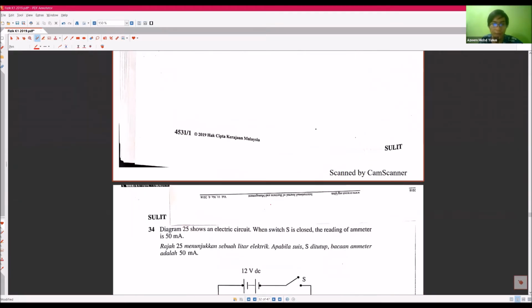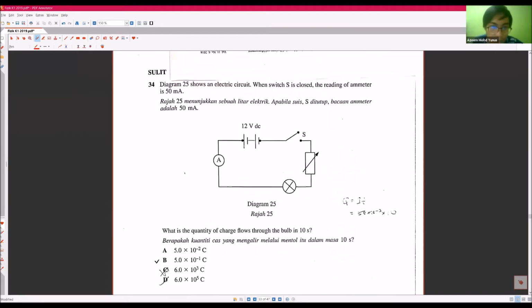34. Diagram 25 shows an electric circuit. So this is about charge. When switch S is closed, the reading of the ammeter is 50 milliamp.